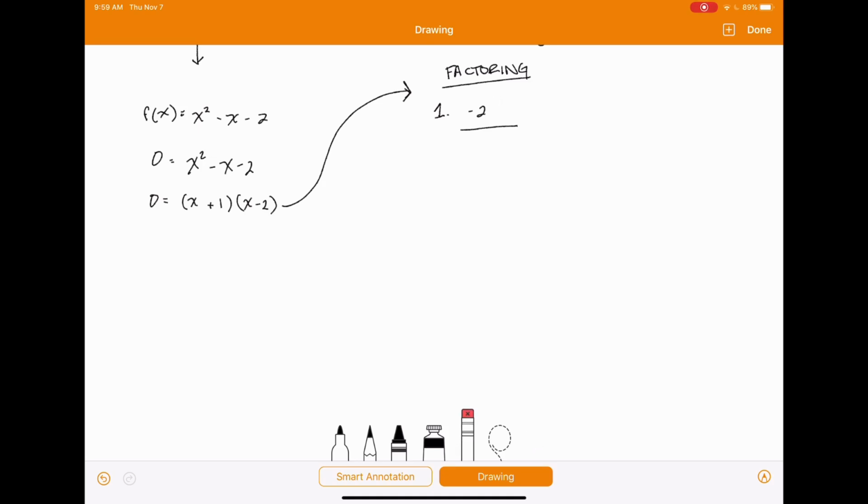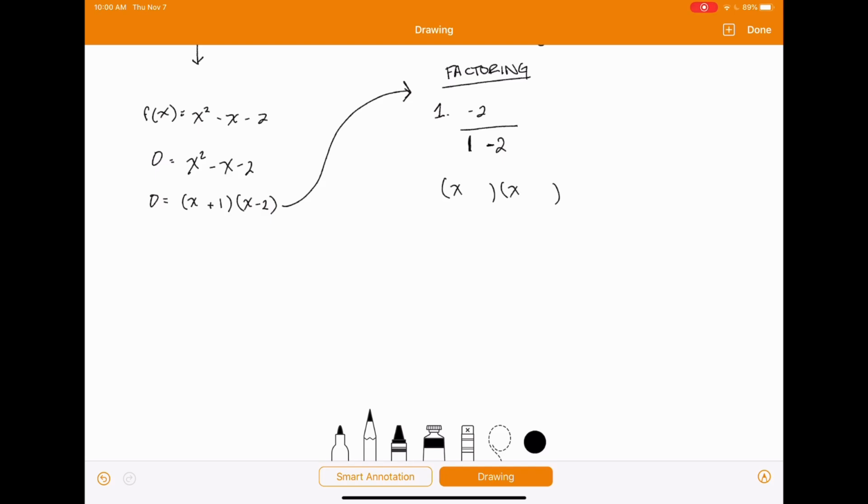So factors of -2 would be 1 and 2. Now they've got to multiply to be -2. So one of these has to be negative, but they've got to add together to be -1. So I know that this has got to be the negative, and this one's going to be positive. And then I can just put these into parentheses.